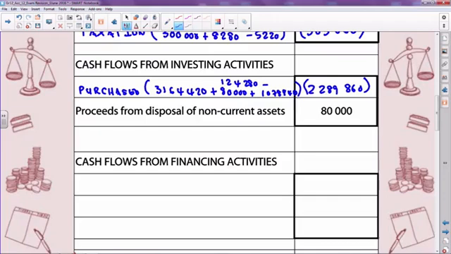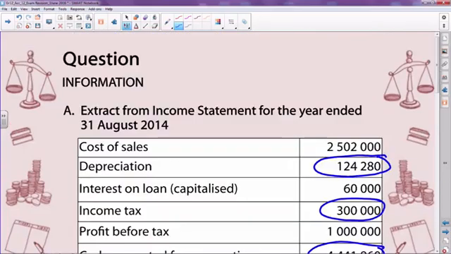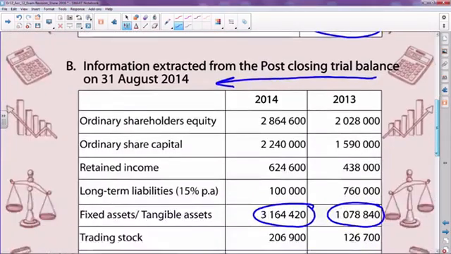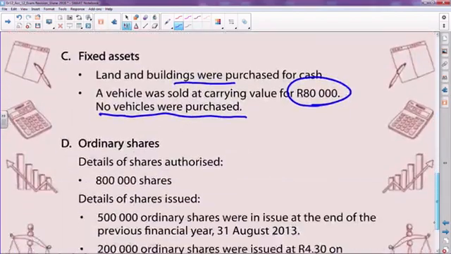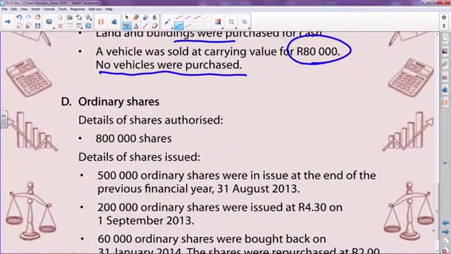Right. We move on to financing activities. What do we want in financing activities? What are the components we're looking at? We're looking at the shares. What do we know? That we had 200,000 ordinary shares which were issued at 4.30 Rand on the 1st of September 2013.